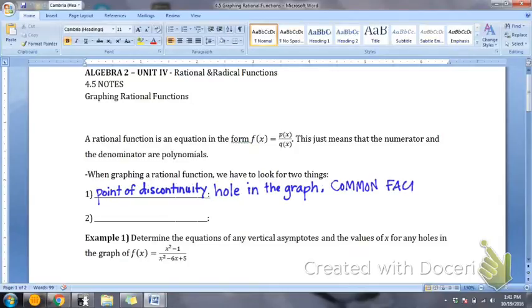So the work we've been doing with simplifying, multiplying, and dividing, where we cancel things out, the things that are in common, that's what we're going to look for to be able to find our point of discontinuity. We're going to take our common factor and we're going to set it equal to 0.